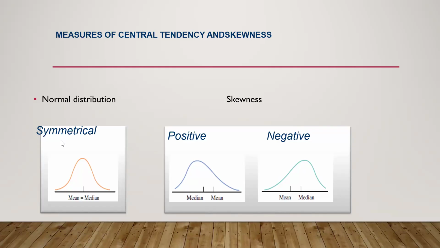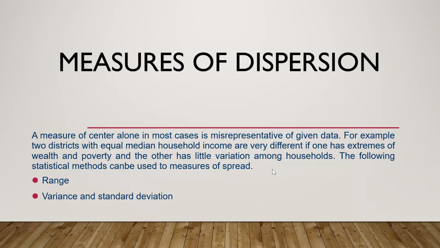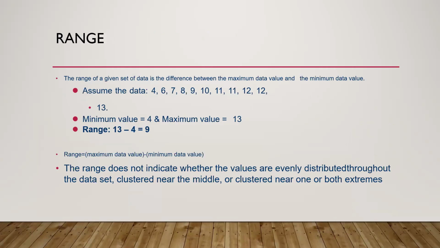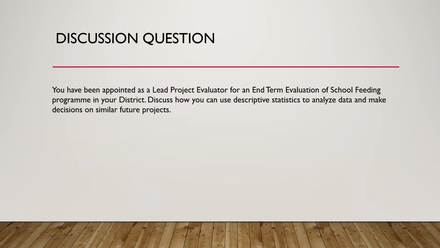When you say data is positively skewed, you can see that the tail is in the positive direction, meaning the majority of the data sets are in the positive direction. When they say the data set is negatively skewed, it is also like that. But we're going to run simple analysis in Excel and it will give us this. Then the dispersion, the variance, the range. We're not going to talk much about this.